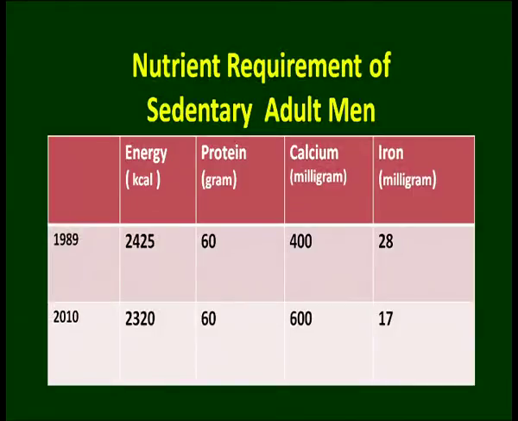In 2010, the sedentary man requires only 2320 calories, 60 grams of protein, 600 milligrams of calcium, and only 17 milligrams of iron. So, you will see that now at this age iron requirement is not very high, calcium requirement is not very high, because the growth period has ceased now.